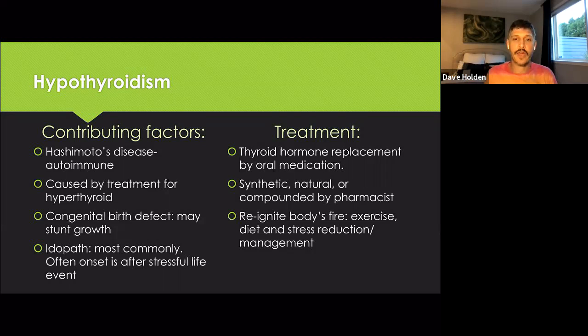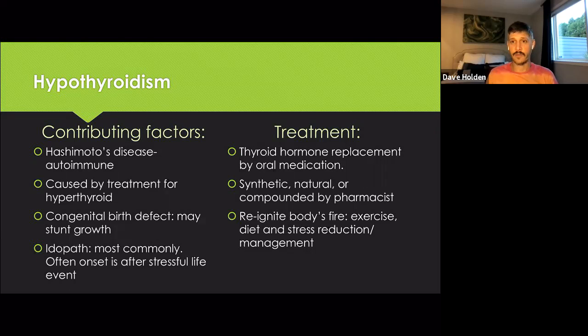So how do you treat hypothyroidism? Well, the most logical thing is thyroid hormone replacement. So you give them meds that replicate the thyroid hormones. These could be synthetic, natural, or compounded by a pharmacist treatments. So synthetic treatments like drugs, natural treatments like herbs, Chinese medicine, you can go that route.